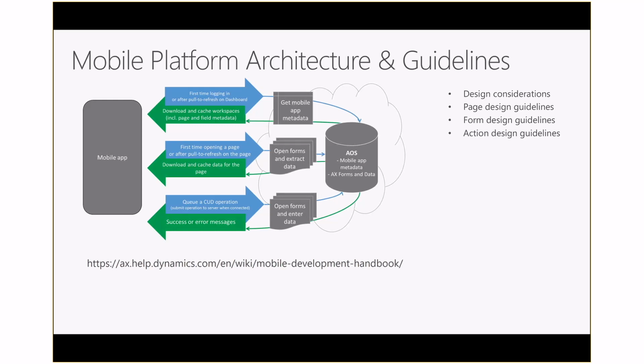And the second one is from a form perspective. The guideline from the platform, from a mobile framework perspective, is to try to design your forms so that they are conducive to mobile development. What that means is explained in detail in that URL. There is a wiki called Mobile Development Handbook. I highly recommend going through that handbook because it talks about detailed examples of what one should think about when designing their mobile application.